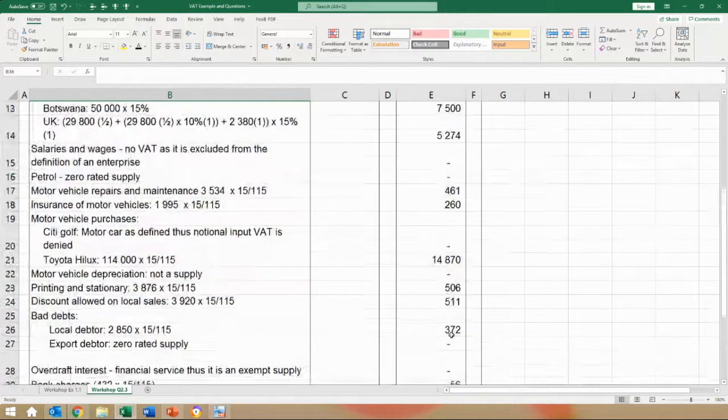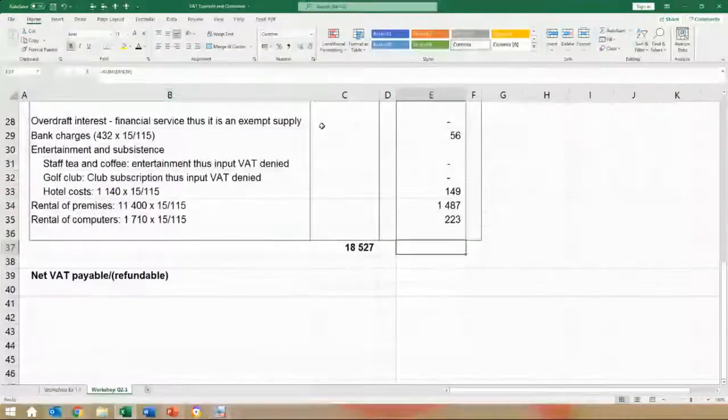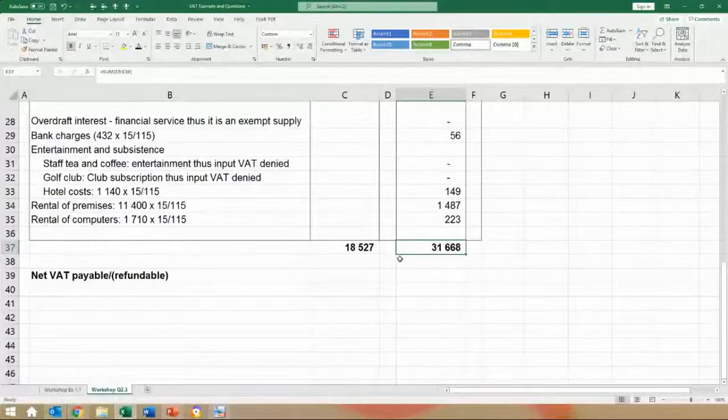Now, once we've done all the input VATs, we add that entire column to get to a total of 686 Rand. Okay, now based on the information here, will we have a refund or will we have to pay VAT over to SARS based on the input and output VAT figures on the screen?